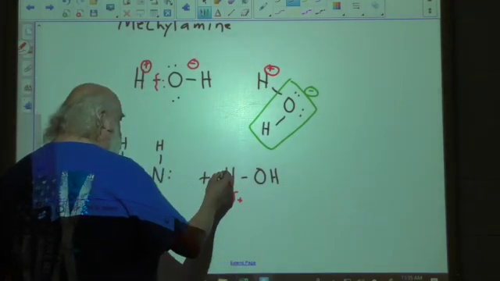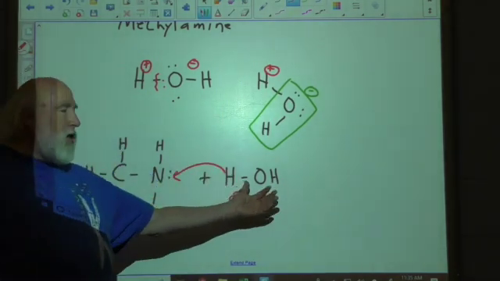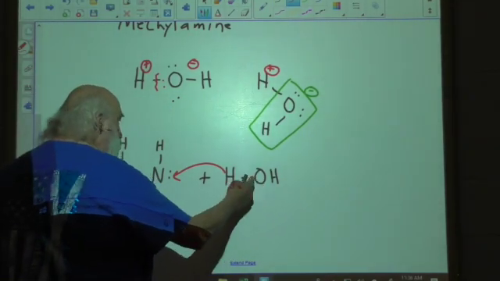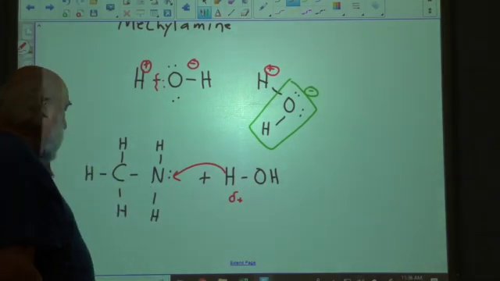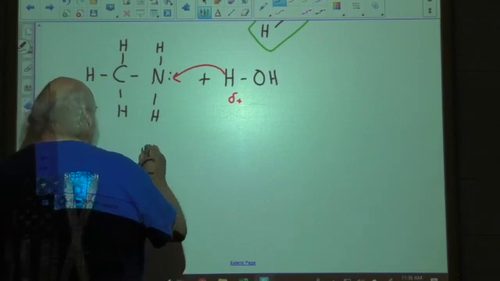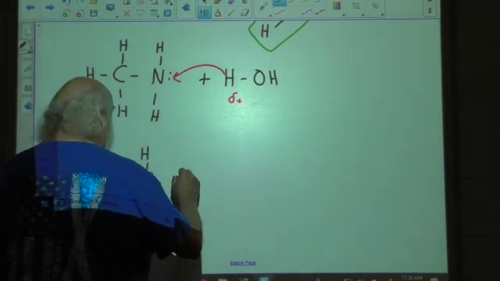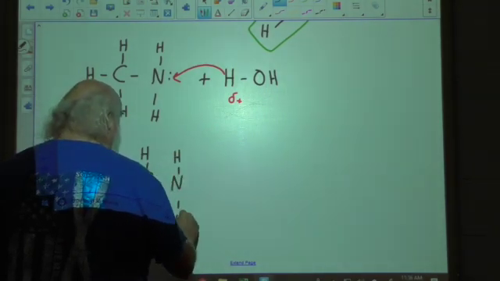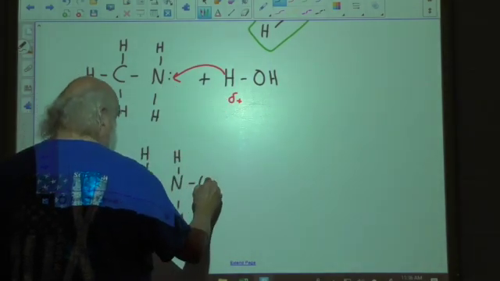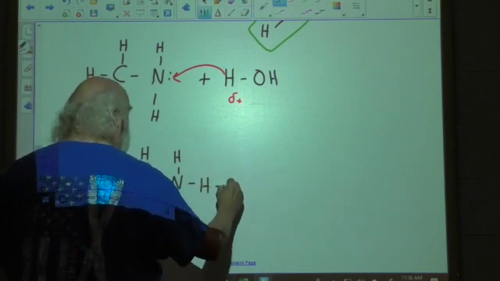So that means this hydrogen here is going to move over here. But like I said, only 1 out of 10 million molecules break apart, so the hydroxide is going to go with it. And the resulting Lewis dot structure is going to look something like this. It's going to form a single bond between the nitrogen and the hydrogen, with H and then OH.